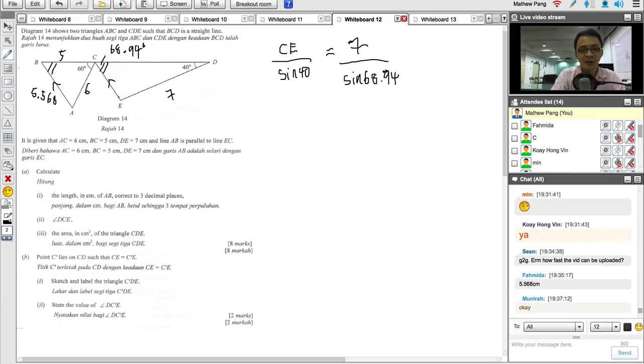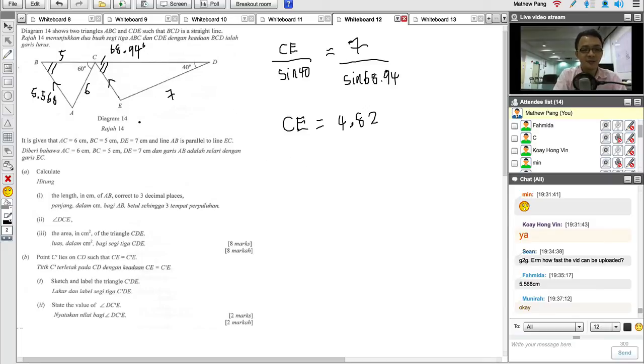This is just a common sine rule. I hope you are fine to understand this one. This one over this one, this one over this one. So CE is equal to 7 over sine 68.94 and then multiply sine 40. Nothing very hard here. So it's 4.82. Now I got the CE at least.